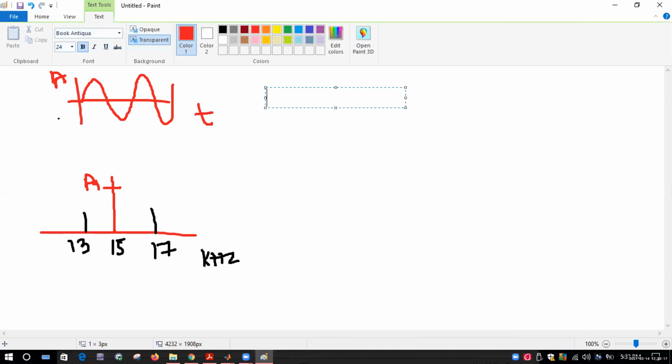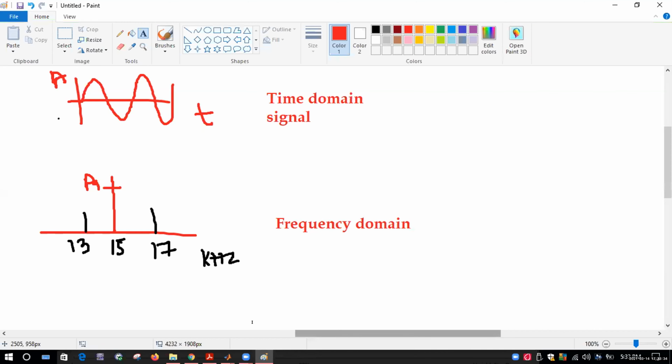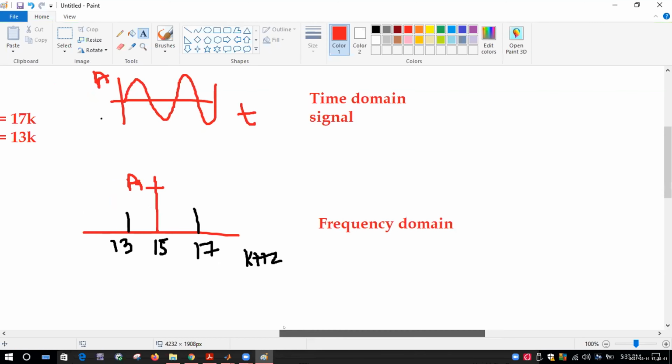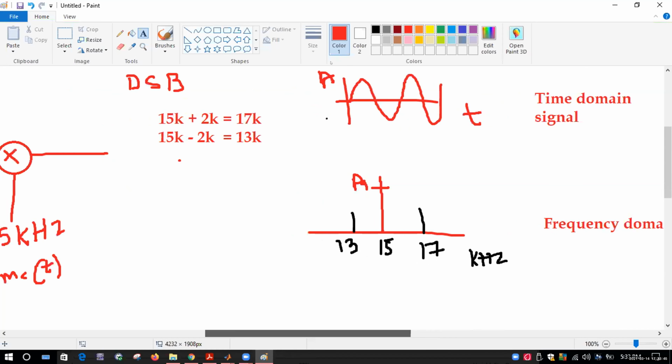This is a time domain signal, and this one is the frequency domain representation. Here you show the different frequencies available in a signal.